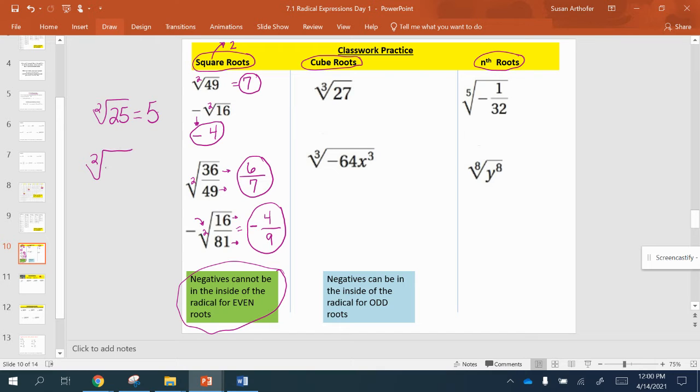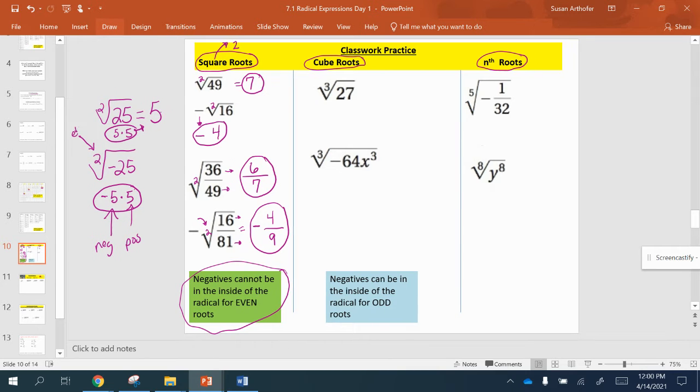You cannot do the square root of negative 25 because for this one you have a pair of 5's, out comes 5. But you do not have a pair of numbers for negative 25. These don't match. This is negative. This is positive. So you cannot do a square root of a negative when this is an even number. So a square root, fourth root, sixth root, you cannot have a negative on the inside.